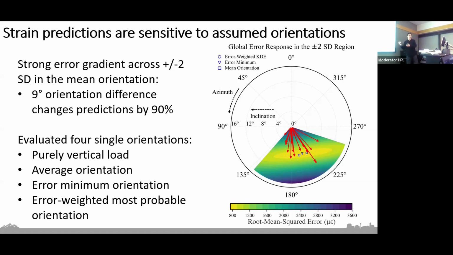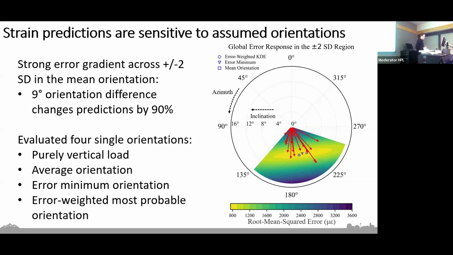The idea is that we could use maybe the error minimum, which of course is going to result in the least amount of error, but it's definitely not going to be the most probable orientation for a new bone loading experiment. So if we weight the most probable orientation by the error, we can find a balance between using the minimized error and the most probable orientation. And one thing I will point out is using a purely vertical load across all models is actually the most common approach and almost exclusively what you'll find in the literature in our field.